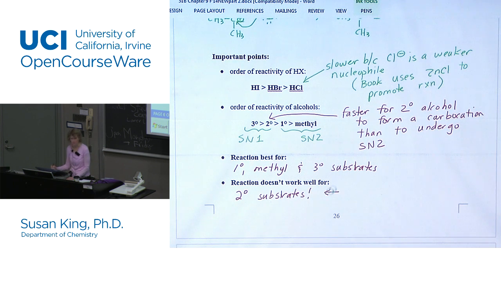And I don't want you to use it for secondary. I'm going to show you some alternatives coming up. Okay, so don't use for secondary substrates. If we have a secondary alcohol, we want to turn it into an alkyl halide, we're going to use another reagent.